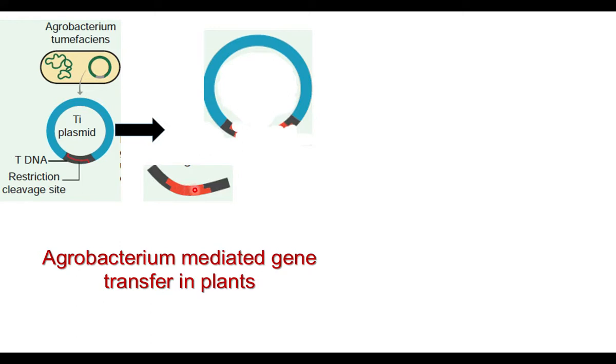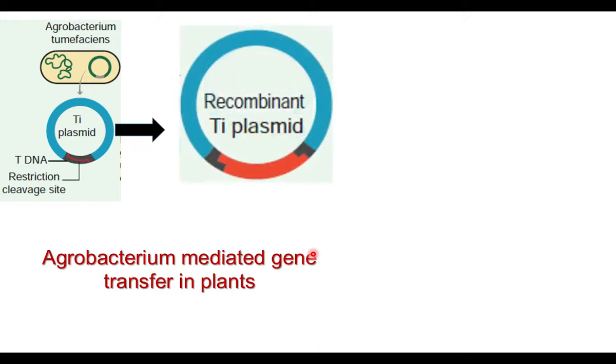The gene of interest is joined with the Ti plasmid with the help of the paste molecule DNA ligase. DNA ligase joins two DNA molecules. As a result of this, rDNA is formed. This is the recombinant Ti plasmid.